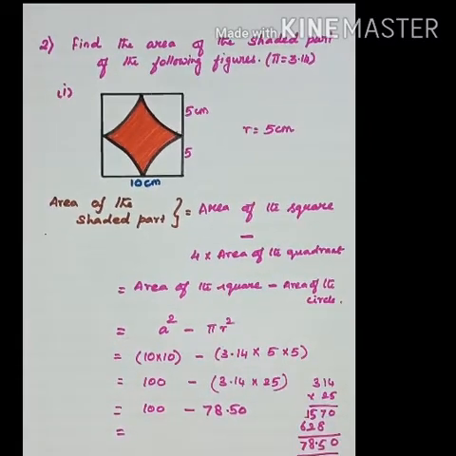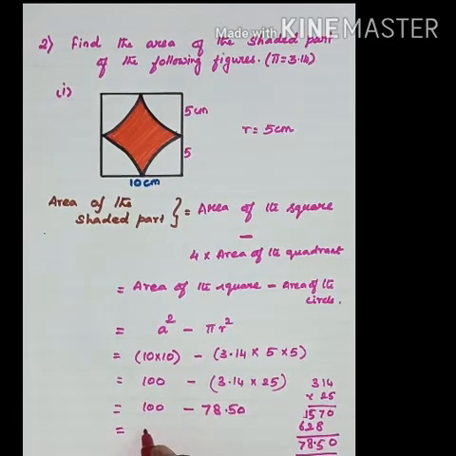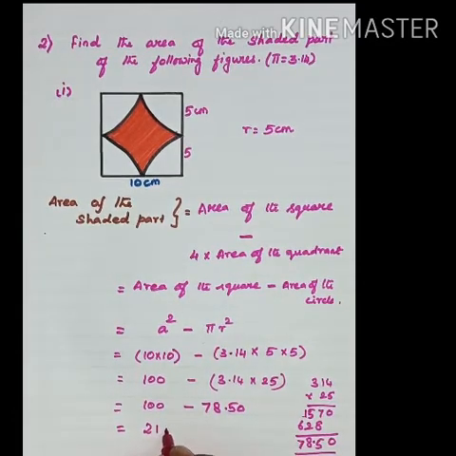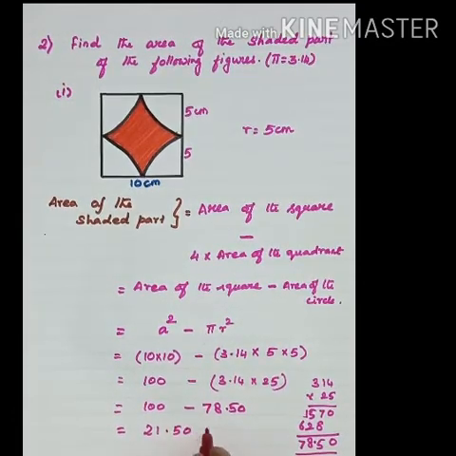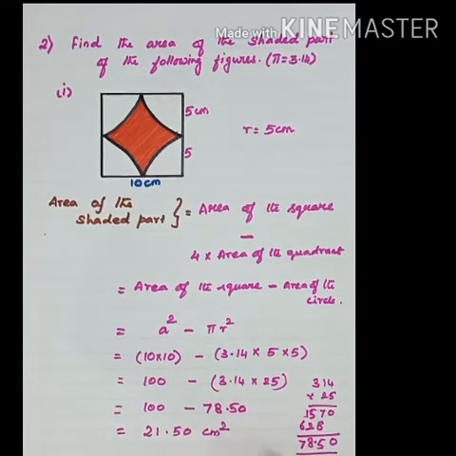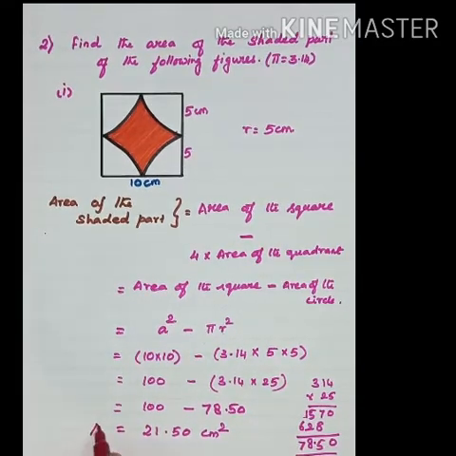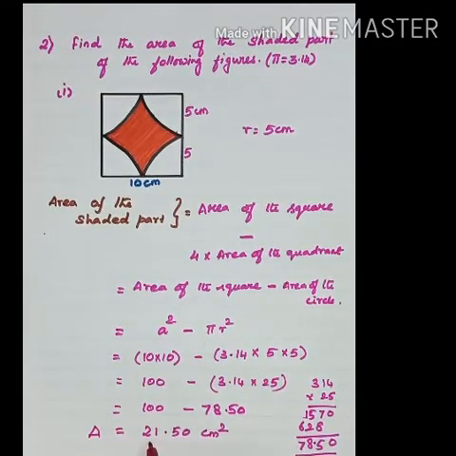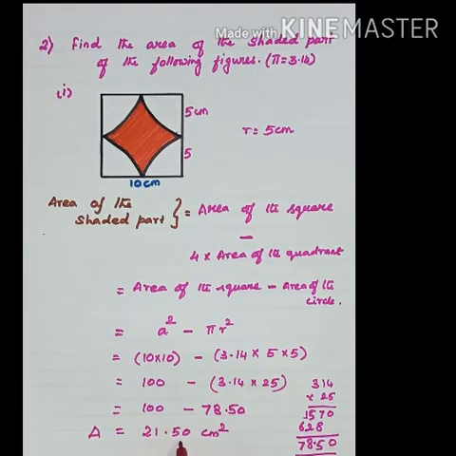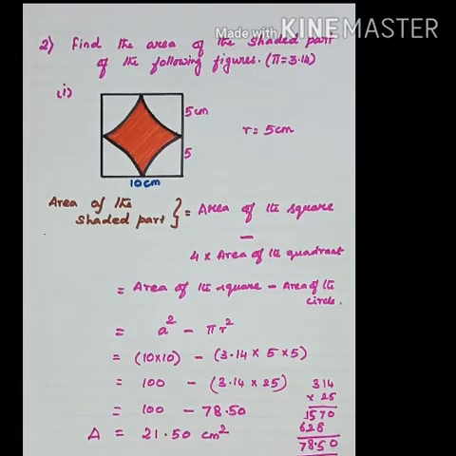Now we have to subtract 100 minus 78.50. The answer is 21.50 centimeter square. The area of the shaded part is equal to 21.50 centimeter square.